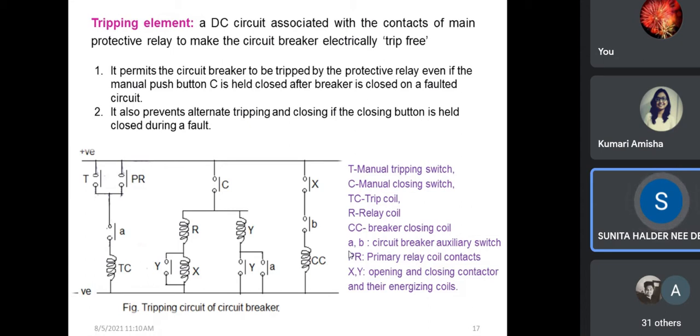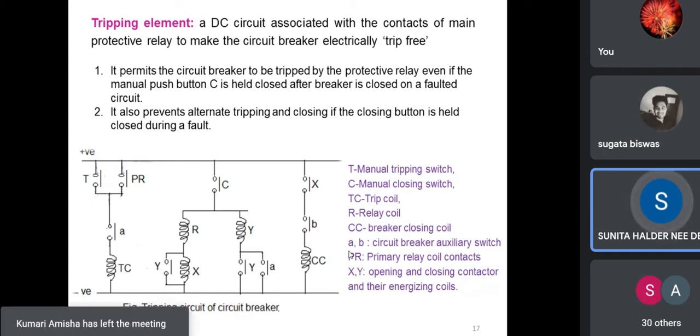Similarly, it may be opened using a relay, or it may be closed. It may be opened by a manual instruction. At the same time, it may be closed by withdrawing the relay, or by manual intervention, that means a manual switch.